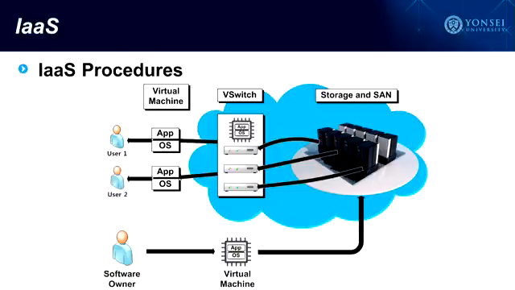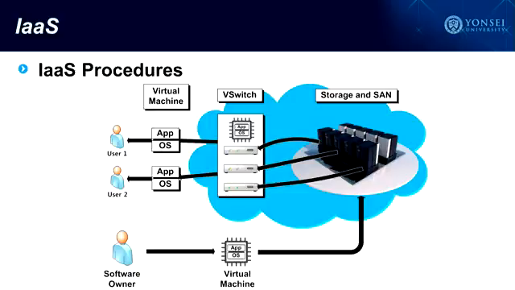IaaS has these procedures. First, at the bottom, the software owner will create a virtual machine and upload it into the storage area network, the SAN. Once it's in the cloud servers, a virtual switch, a vSwitch, can be used to pull out the requested app and OS in the virtual machine unit.